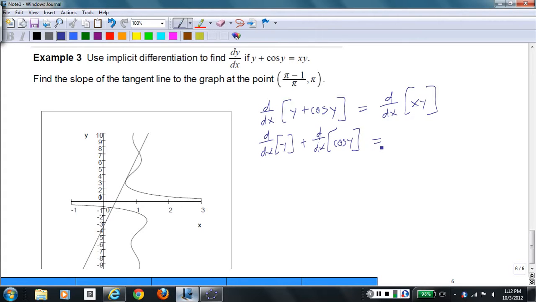On the right is the derivative of a product, and for the derivative of a product, we use the product rule. It's the first times the derivative of the second plus the second times the derivative of the first.